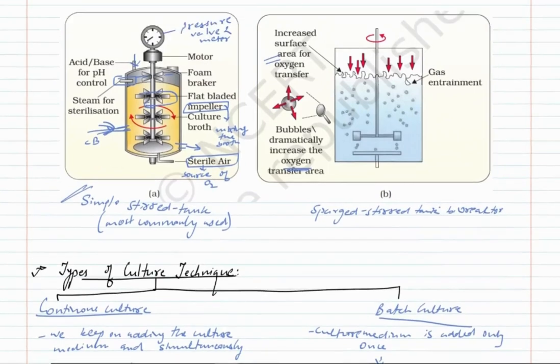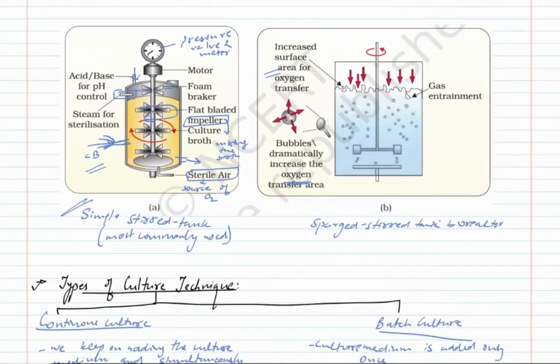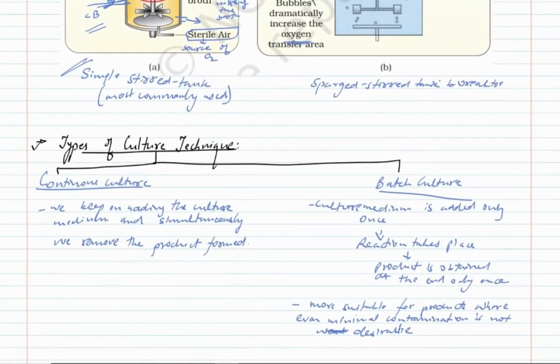See, because in a continuous culture, we keep on adding the culture broth, there is a chance of contamination. However, in case of a batch culture, because we have once closed the lid, there will be no chance of contamination. So batch culture is more suitable for products where even minimal contamination is not desirable. And continuous culture is used where a large amount of product is required, and so we will keep on continuously culturing the bacterial cells or the host cells.